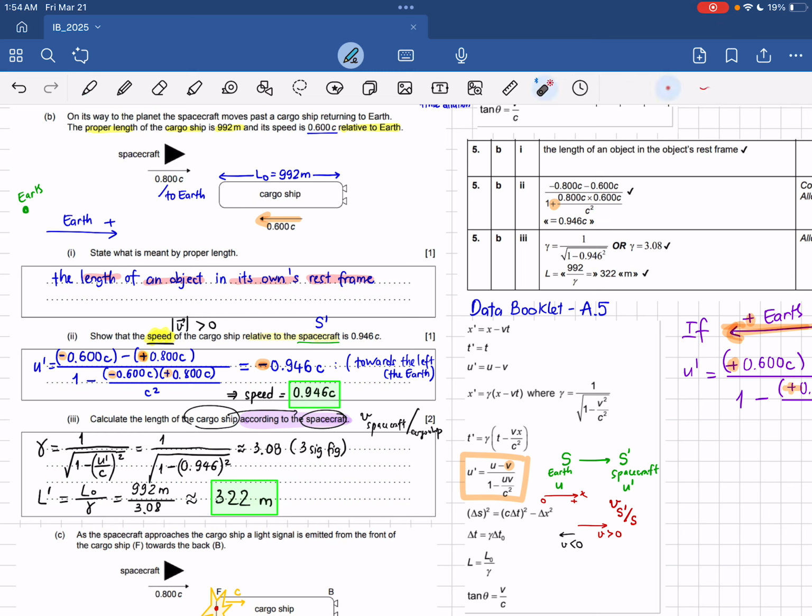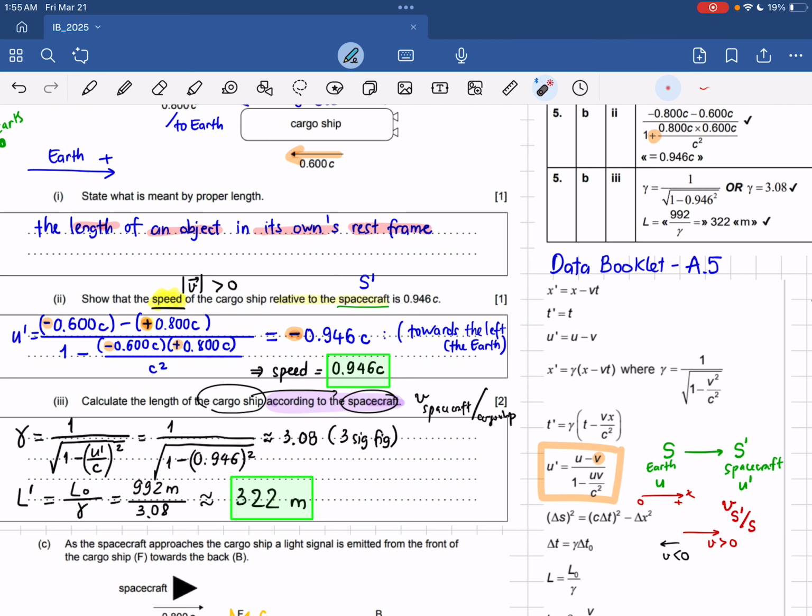So you can see that the spacecraft is moving in this direction, the cargo ship is moving in this direction, and this is the speed of the cargo ship relative to the spacecraft. If the cargo ship is moving negative relative to the spacecraft, that means the spacecraft is moving in the opposite direction to the cargo ship, so there should be a positive here, okay?